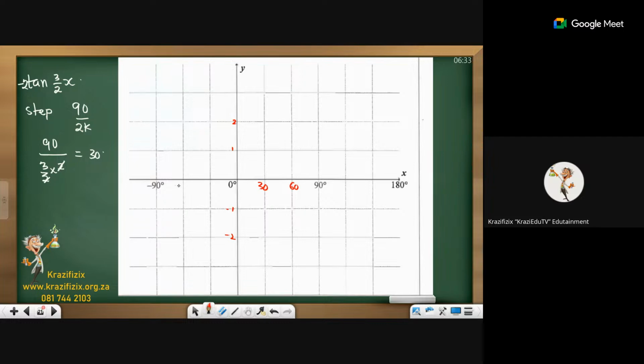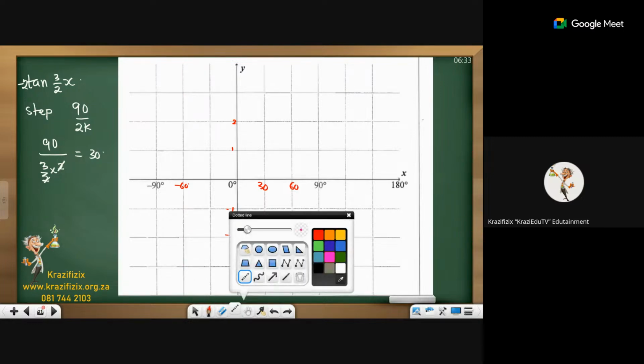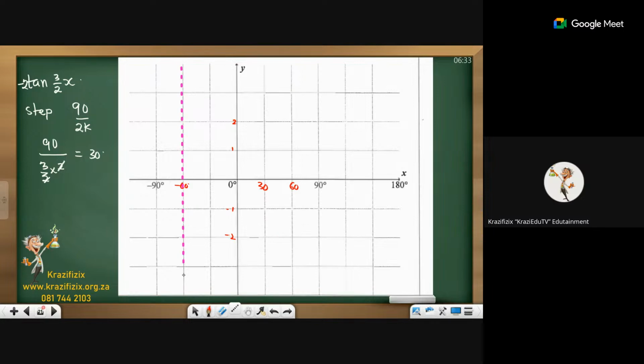Negative 60 was my asymptote. Asymptote, please. And my next asymptote was that. Remember, I told you the distance between the asymptotes is exactly what we got.